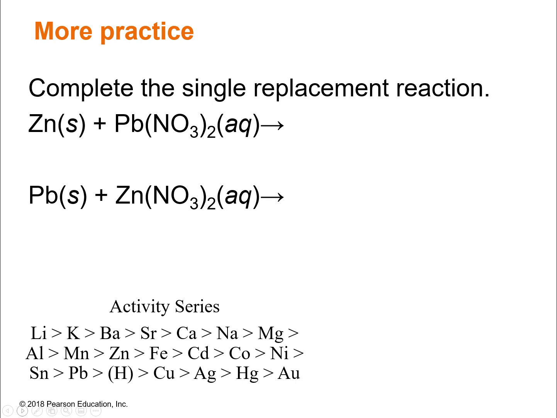In the first question, we've got zinc and lead. We've got zinc and lead for both of these. So let's just look at where zinc is. Here's zinc. Here's lead. Zinc comes before lead, so zinc is more active than lead.